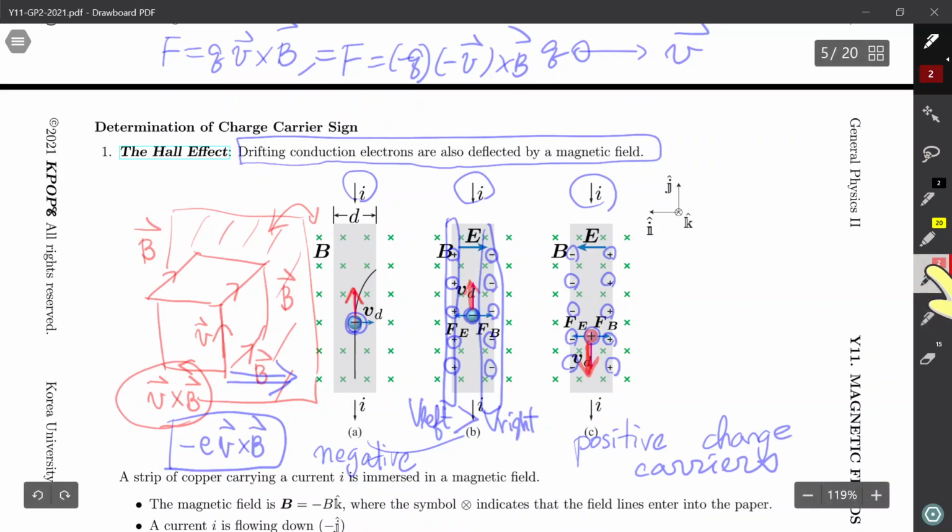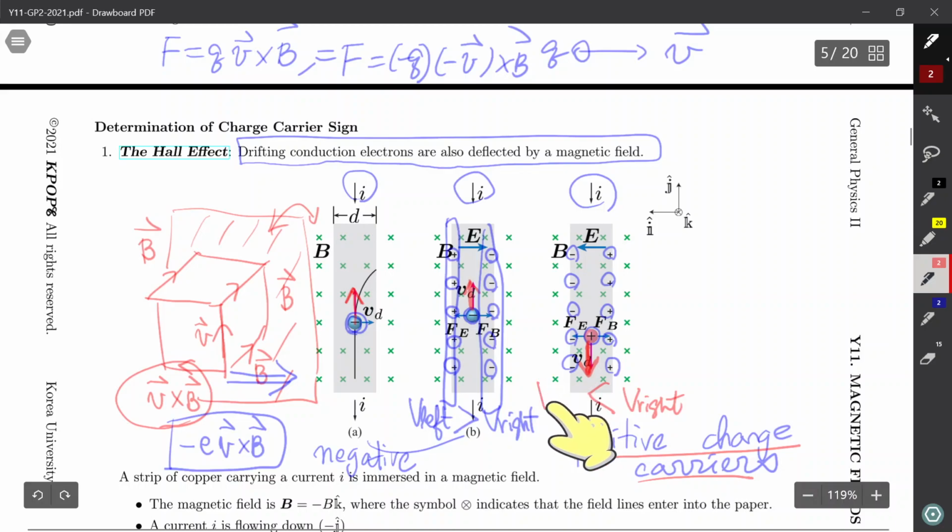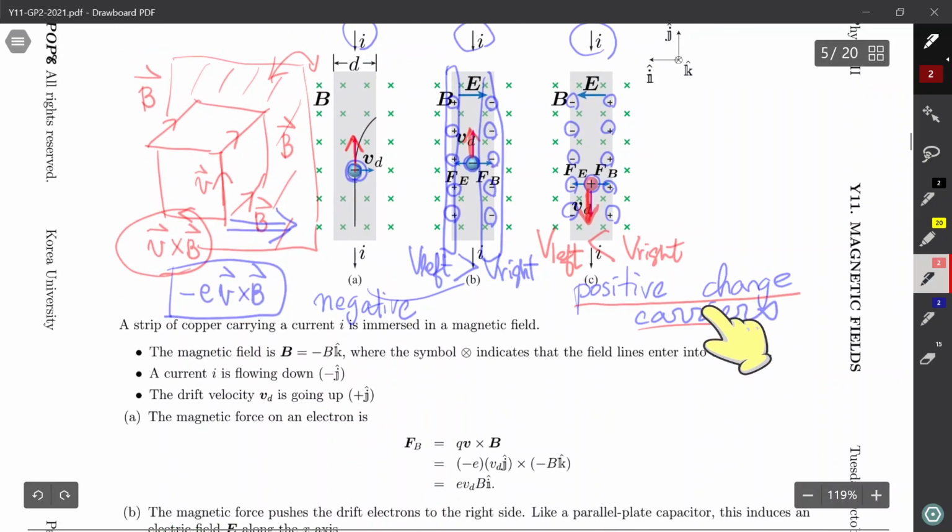Therefore, if the charge carriers are positive, then the potential on the right must be higher than the potential on the left. So, if we measure the potential difference between the edges, then you can determine whether the charge carriers are positively charged or negatively charged.